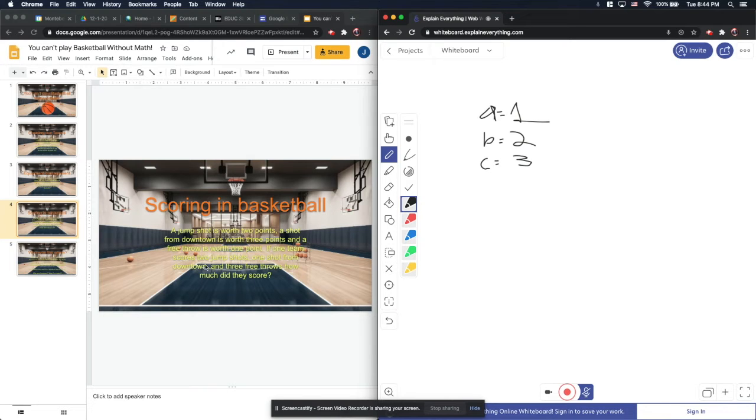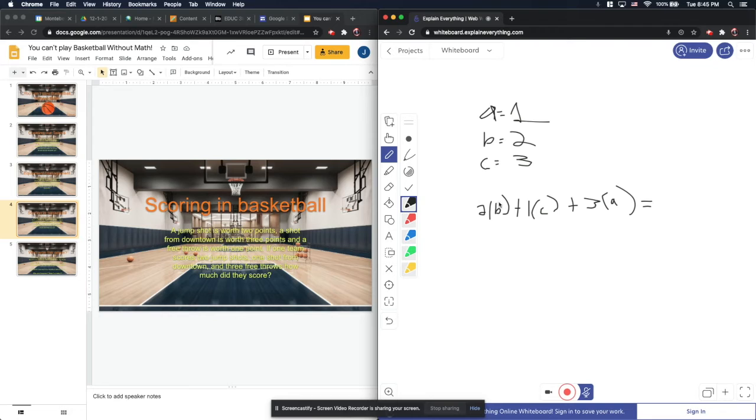So what we're going to do here, so we have if one team scores 2 jump shots, so we got 2B, plus 1 shot from downtown, so 1C, plus we have 3 free throws, so 3, and that's going to be A, equals.